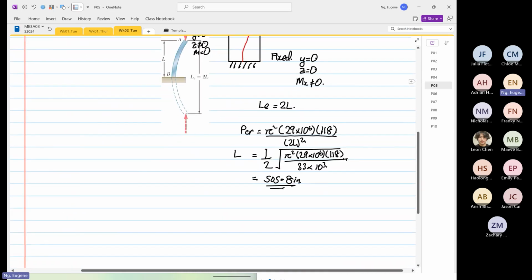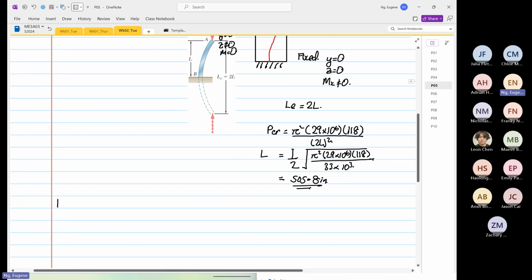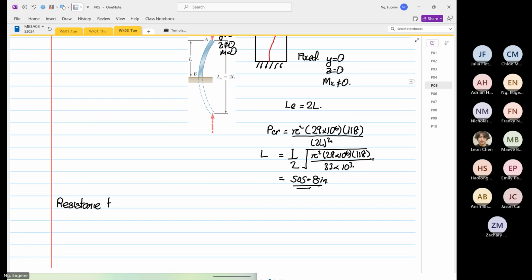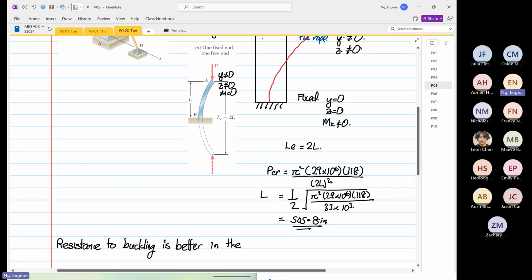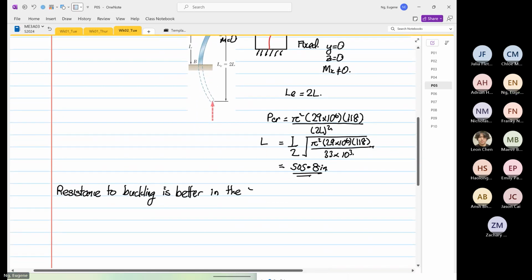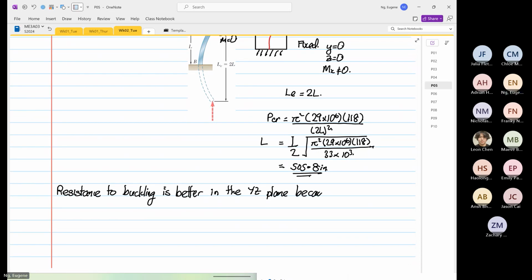So resistance to buckling is better in the YZ plane, because L is equal to 505.8 inches.